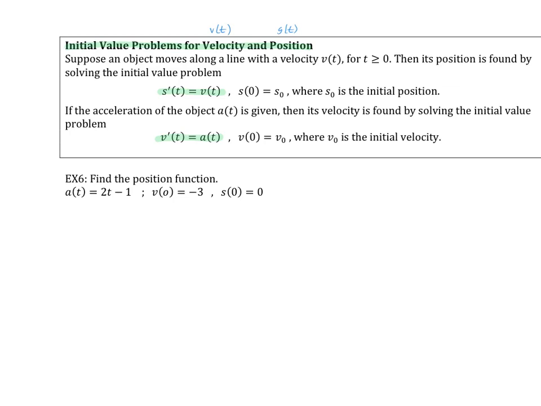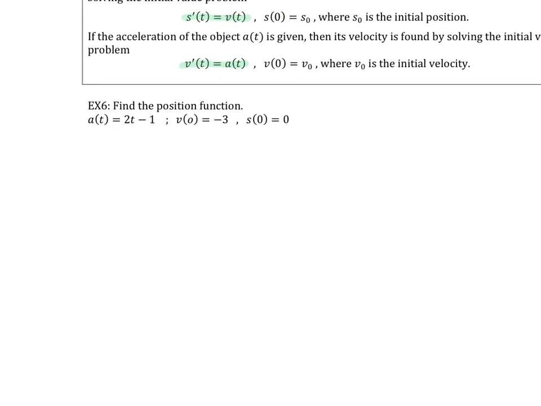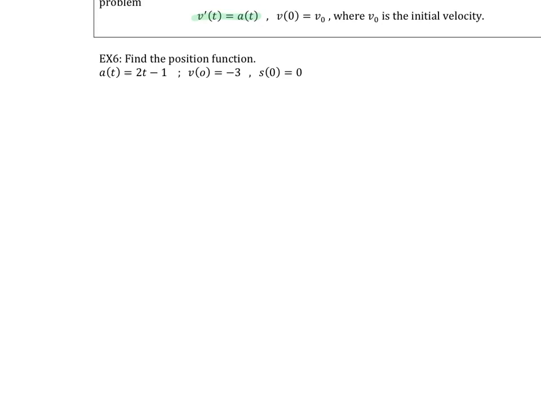Well, what happens if you have acceleration and you want to get back to your position function? So you want to find your s of t. Well, I know that the velocity is going to be the integral of the acceleration. So again, this is that idea of working backwards.